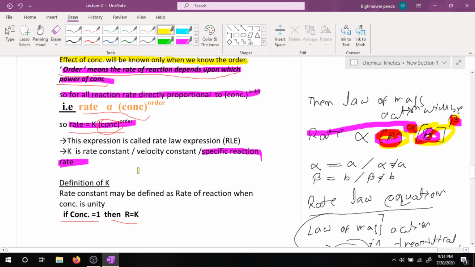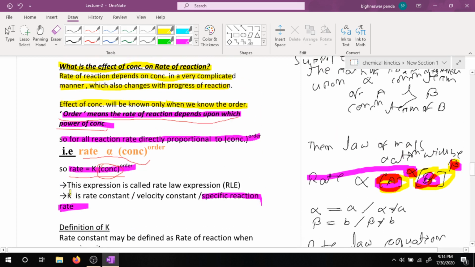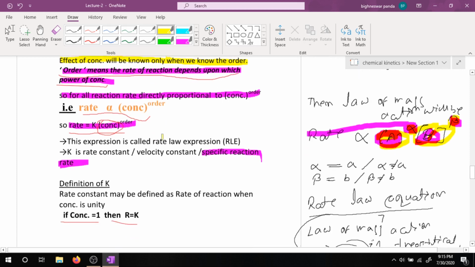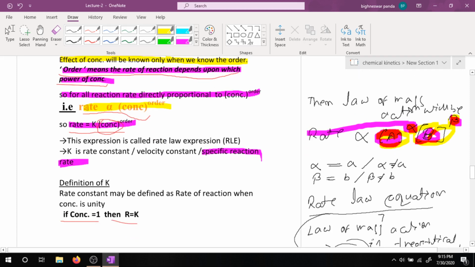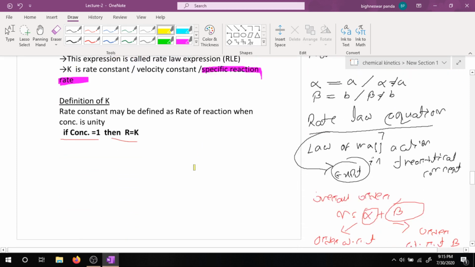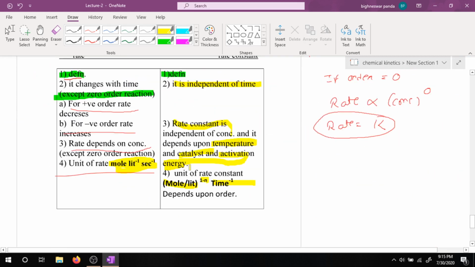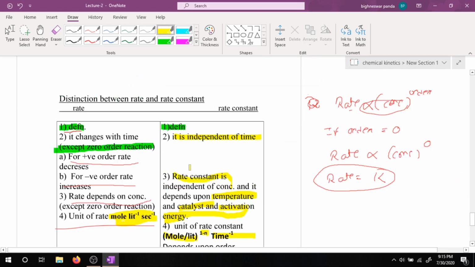So rate is directly proportional to A power alpha and B power beta. So here effect of concentration will be only known if we know the order. So order means the rate of reaction depends upon which power of concentration. So rate is directly proportional to concentration power order. This is much more important. This is unit of rate constant, and this is the distinction between rate and rate constant. Thank you.